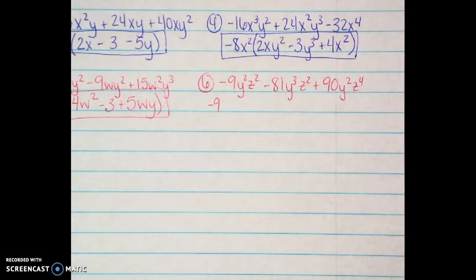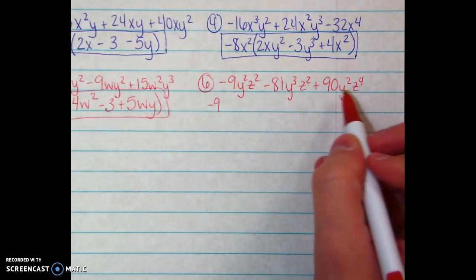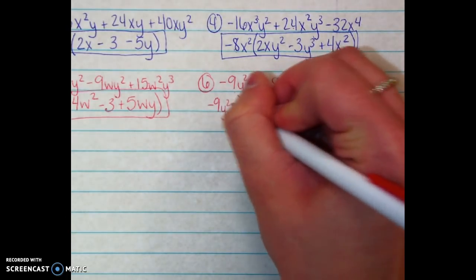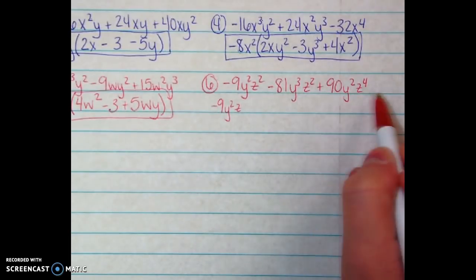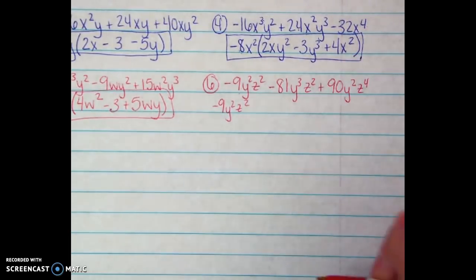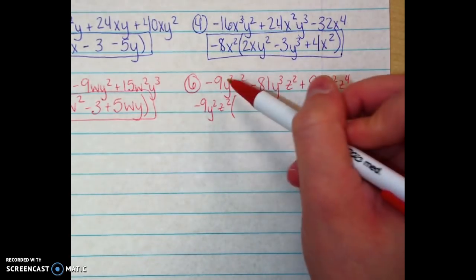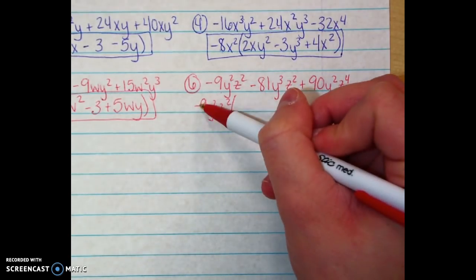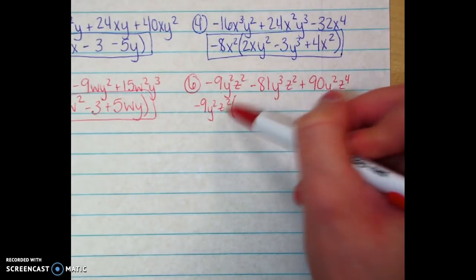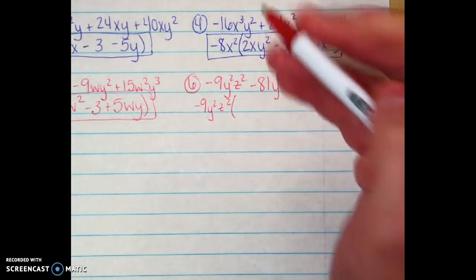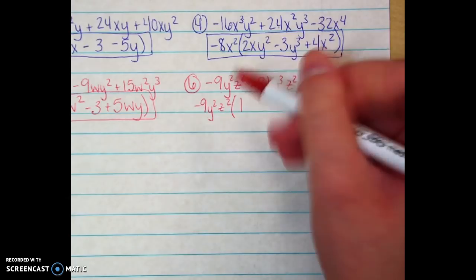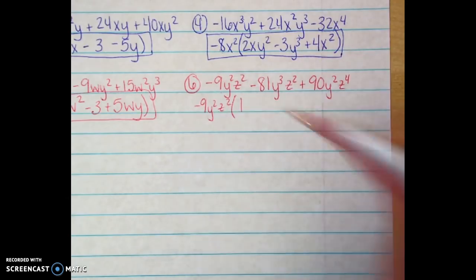And let's see, they all have y's and they all have z's. The smallest y is y squared. The smallest z is z squared. Okay, let's divide. They all cancel each other out. You cannot put 0 though. You do need a 1 because technically negative 9 divided by negative 9 is a positive 1.